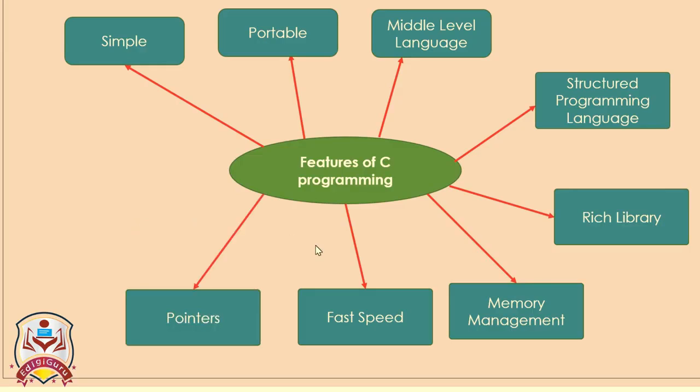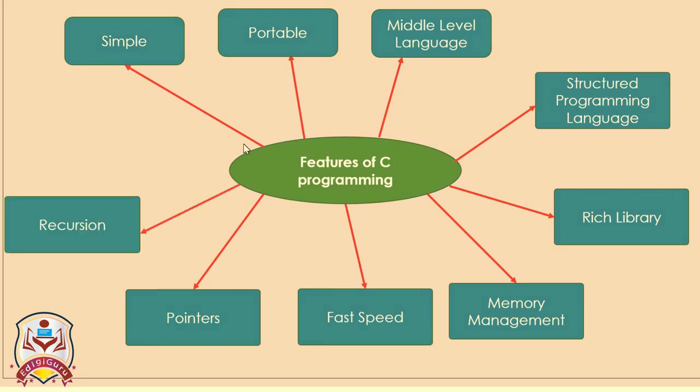The next feature of C language is pointers. C language supports pointers. What are pointers? Pointers are nothing but the value at address. We will see this afterwards, but with the help of pointers we can directly interact with memory. And since C supports pointers, it is one of the features of C language.